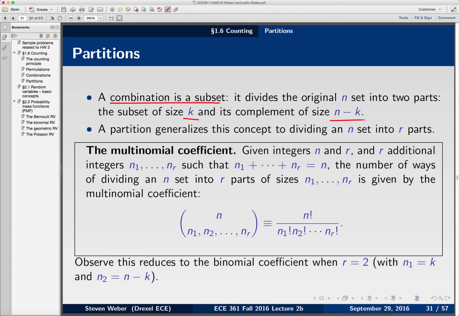The natural generalization of the binomial coefficient to this case is called the multinomial coefficient.